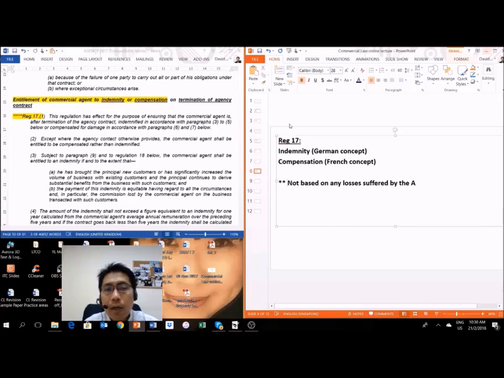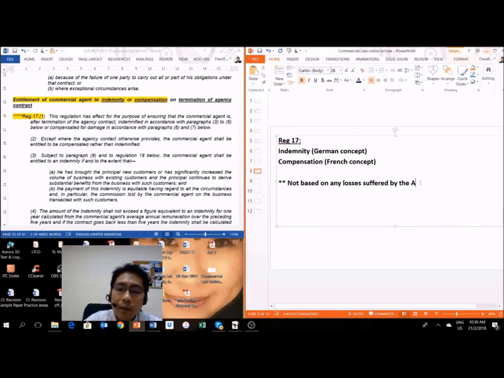In contract law, on the topic of damages or compensation, we said that there's only compensation if there are actual losses suffered. Where there are no actual losses suffered, you will not be entitled to any compensation. But insofar as Regulation 17 is concerned, I want you to understand as you read the specific provisions further that it is not based on any loss suffered.